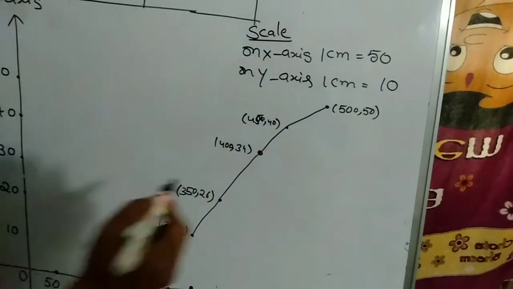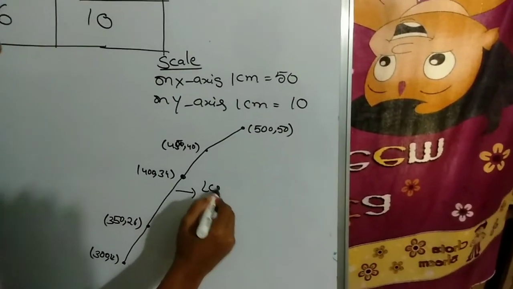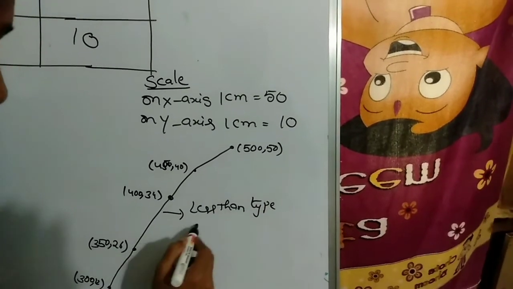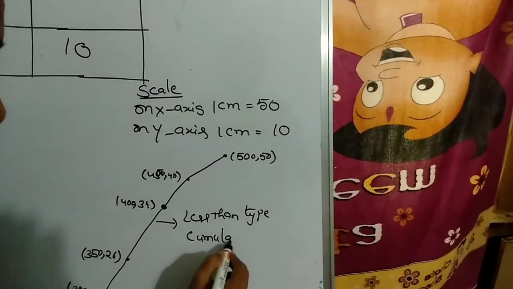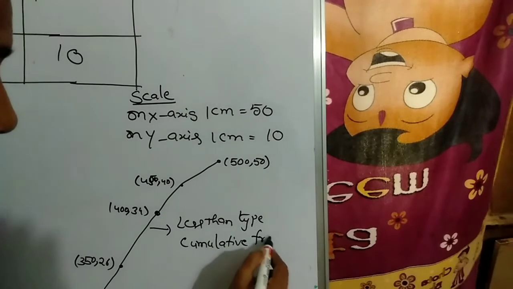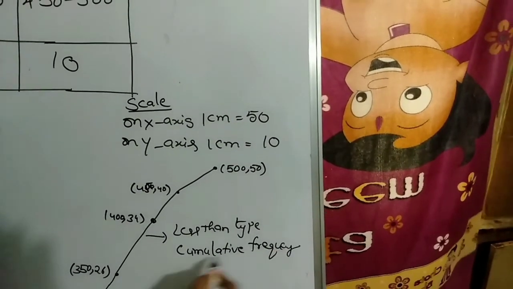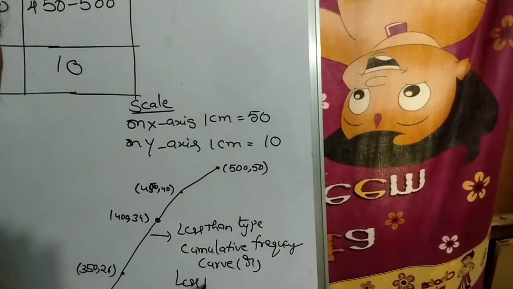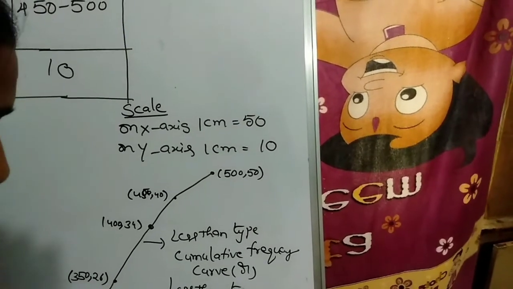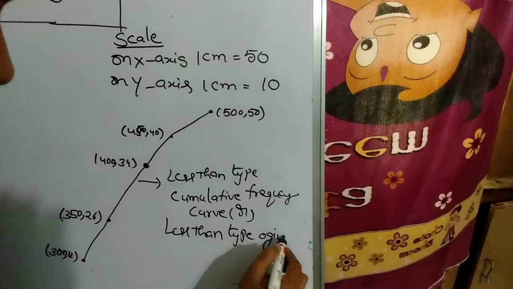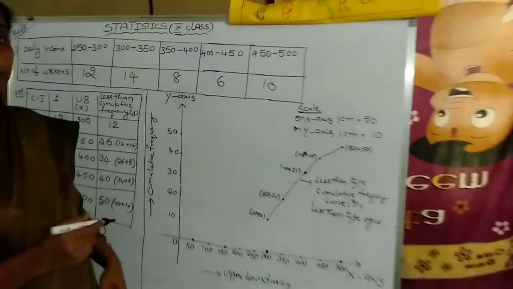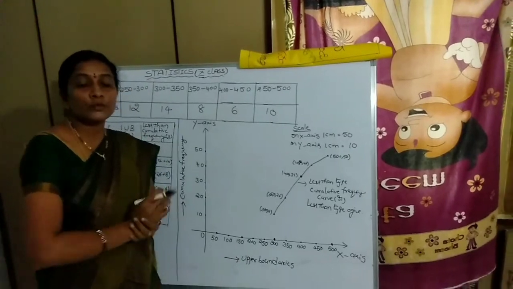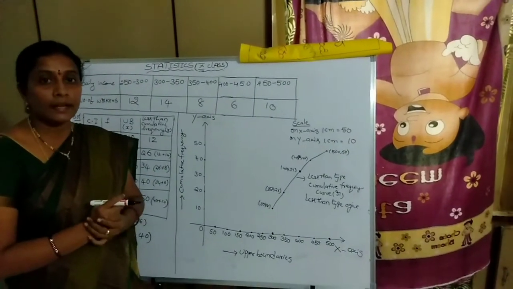This curve is called the less than type cumulative frequency curve or less than type ogive. Have you understood? So this is the graphical representation of the less than cumulative frequency curve or less than type ogive.